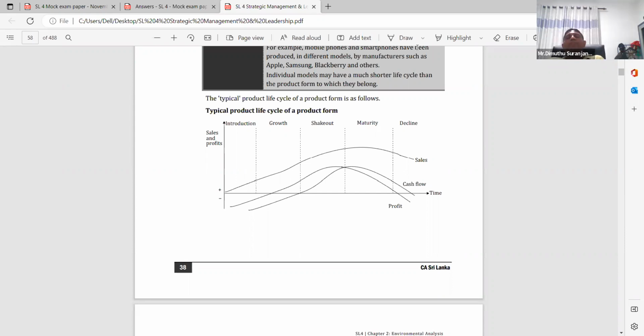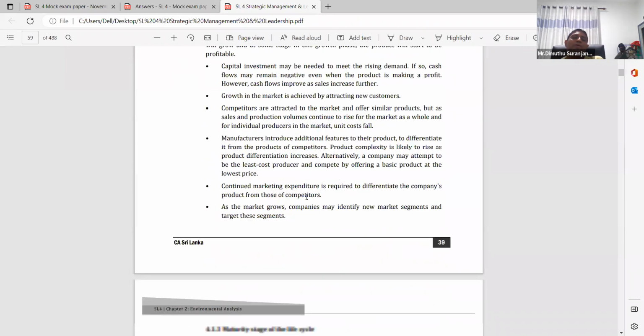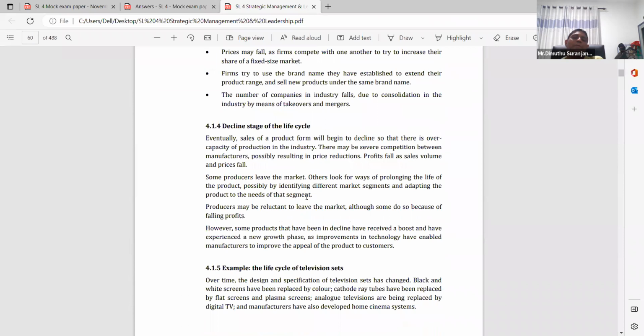When you are trying to identify the distinct stages of the product life, we look at the behavior of the sales. Accordingly, we identify different stages. So normally, you can identify 4 stages: introduction, growth, maturity, and decline.